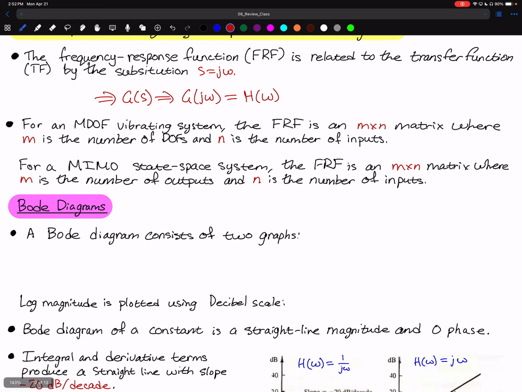All right, we looked at Bode diagrams next. A Bode diagram consists of two graphs. First, a curve of the log magnitude versus the log frequency.